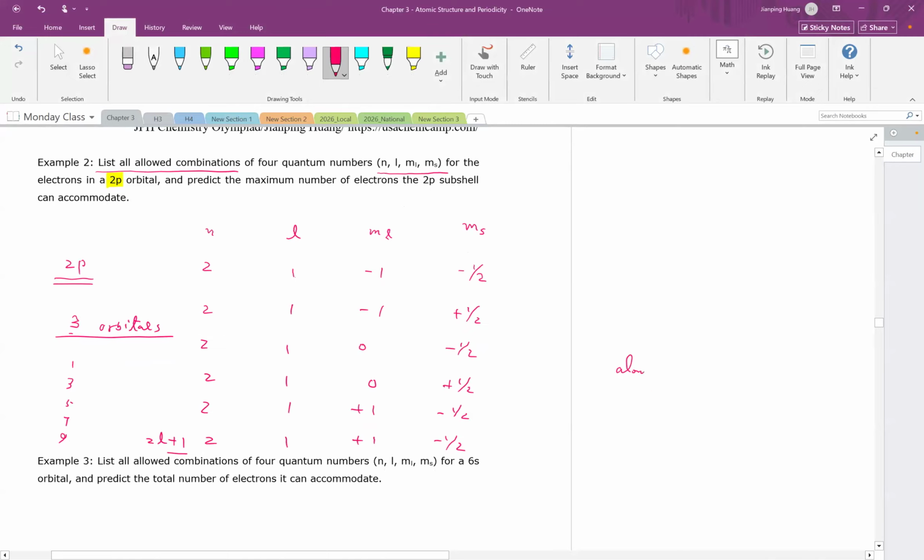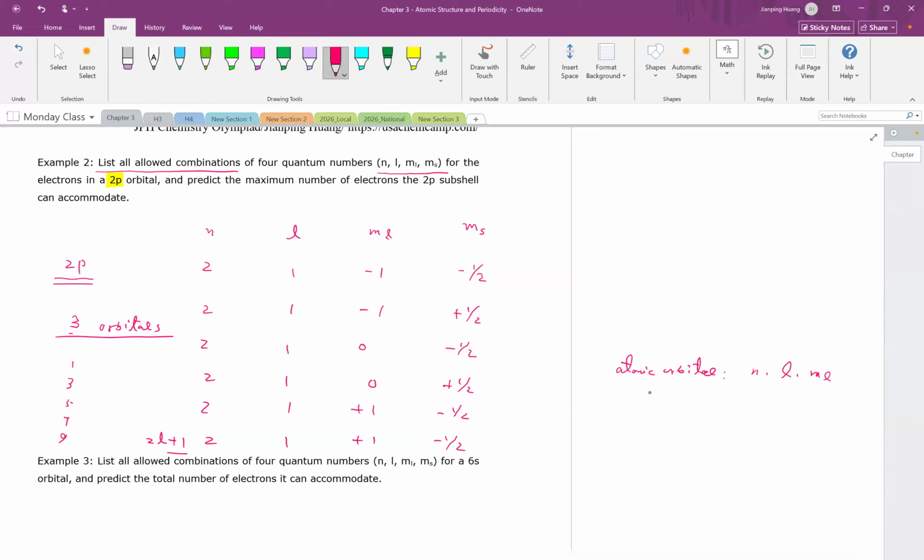Atomic orbital needs how many numbers? 3, right?